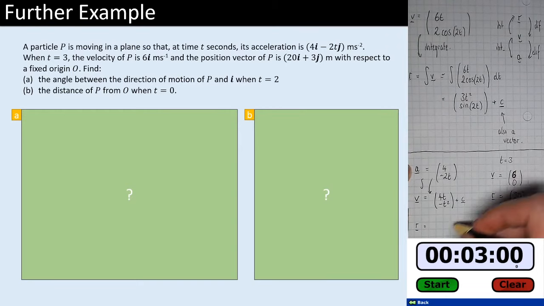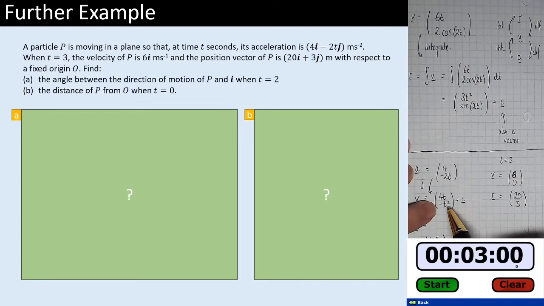When t is equal to 3, we get 4 times 3, negative 3 squared. I've put brackets around the 3 squared because that bit should happen first. It's going to be t squared, then make it negative. It's not negative t all squared.